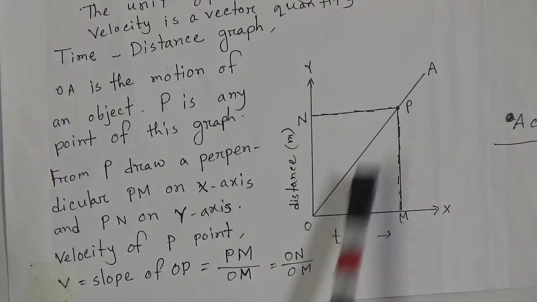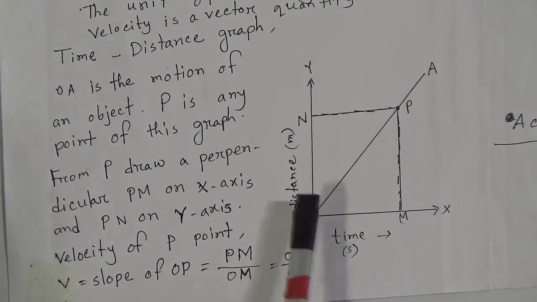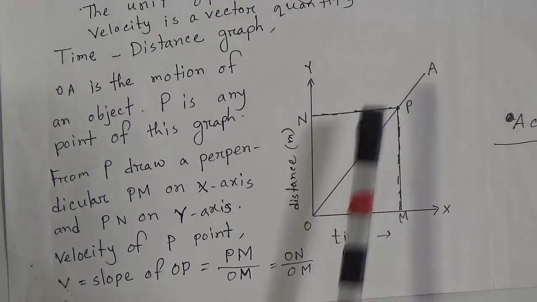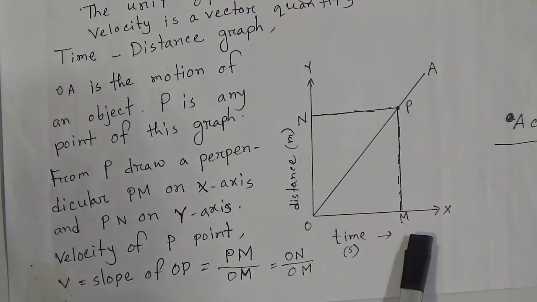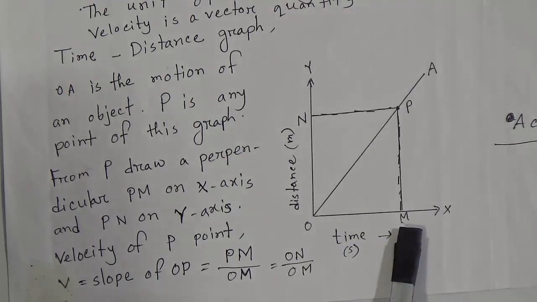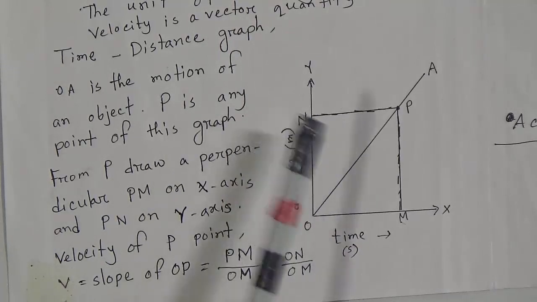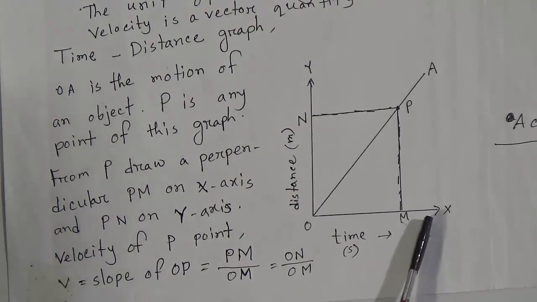The slope of OP is PM divided by OM, that is perpendicular divided by base.